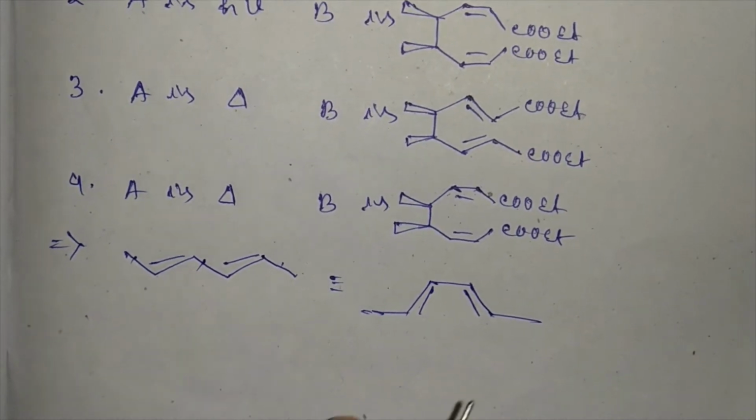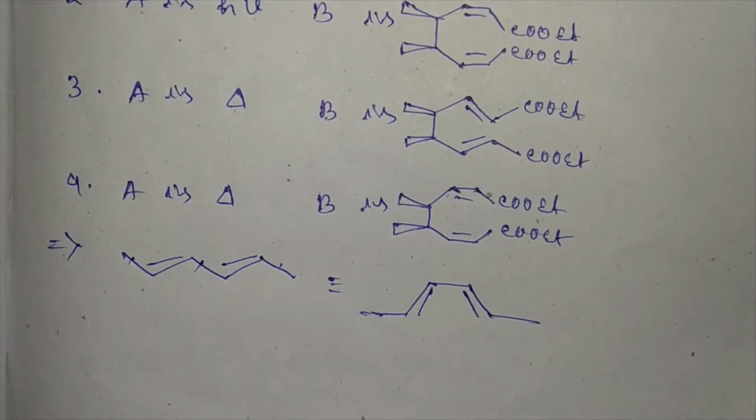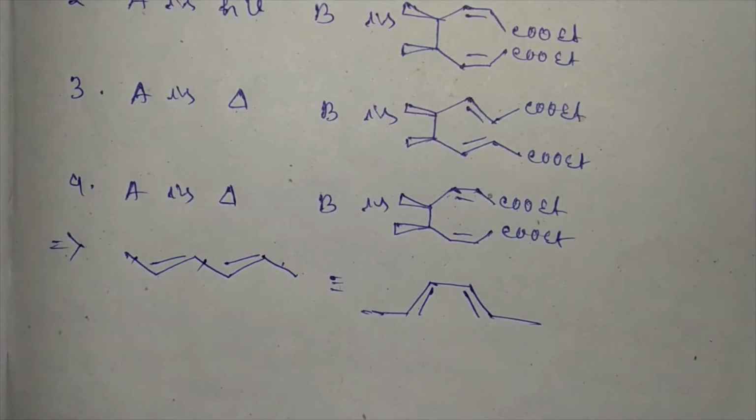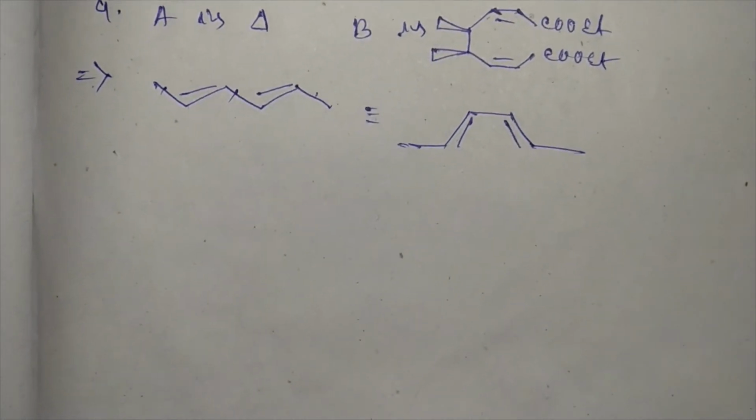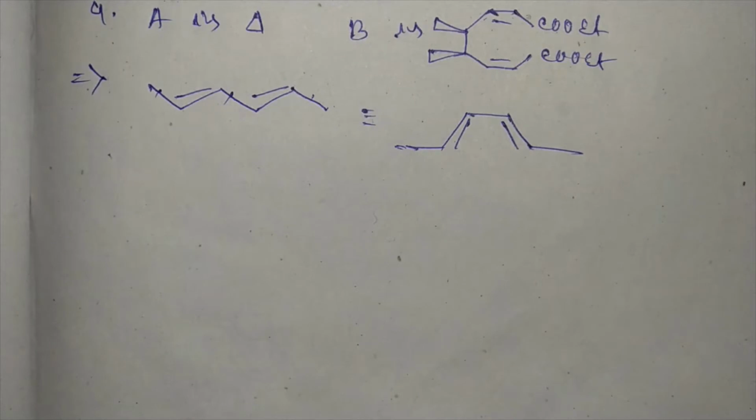Now it will have 4 pi molecular orbitals. We will draw the structure of the molecular orbitals.